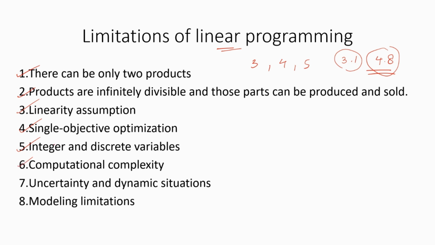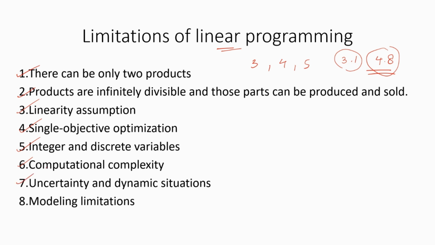Computational complexity. The computational complexity of linear programming can grow rapidly as the number of decision variables and constraints increases. Solving large-scale linear programming problems can be computationally intensive and time-consuming, requiring advanced algorithms and powerful computational resources.